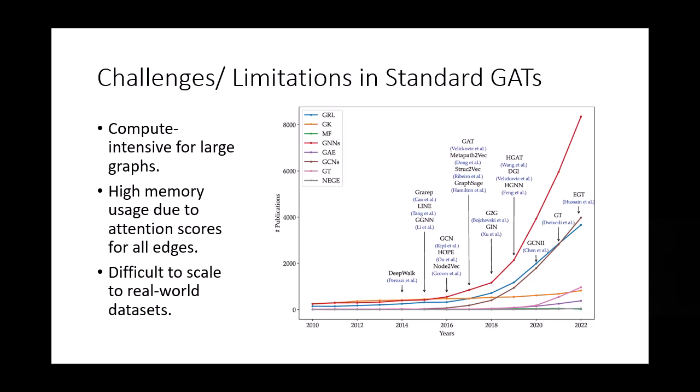We are also going to look at the challenges or limitations in standard GATs. Despite their benefits, GATs can be inefficient. Computing attention for all edges becomes impractical for large data sets, leading to high computational and memory costs.